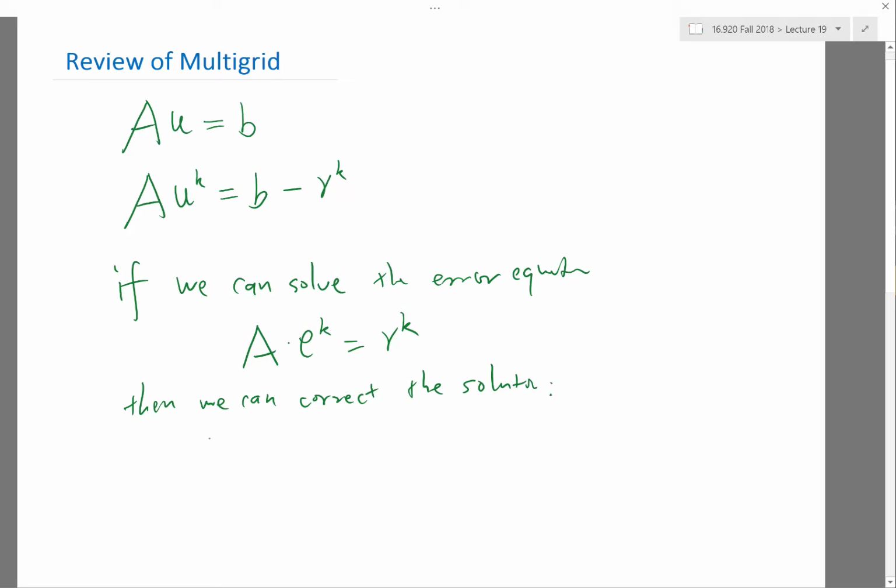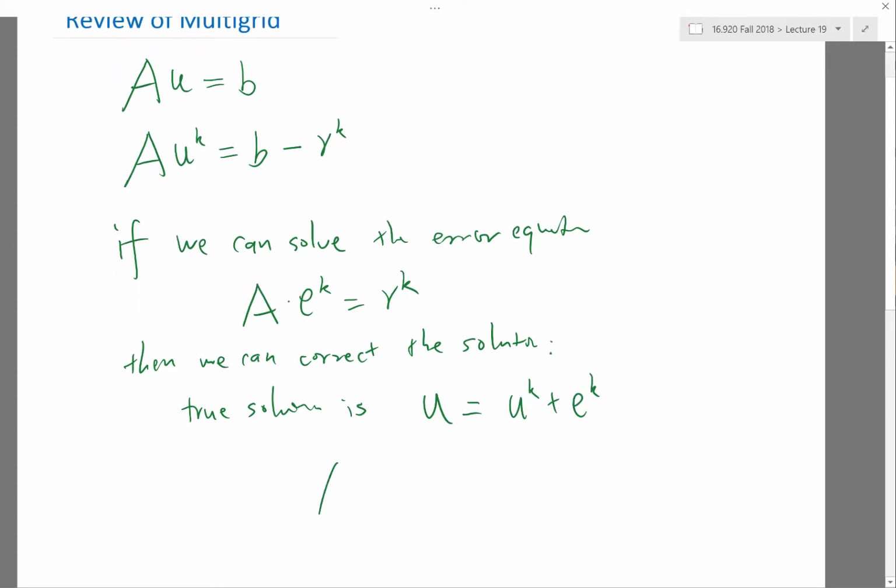We know the true solution U would be equal to UK plus EK, right? That's because A times (UK plus EK) would be equal to AUK plus AEK, and AUK we know is B minus RK, and AEK would be just RK, so that's equal to B. So basically, if we can solve the error equation, we can correct the non-converged solution and get the true solution.